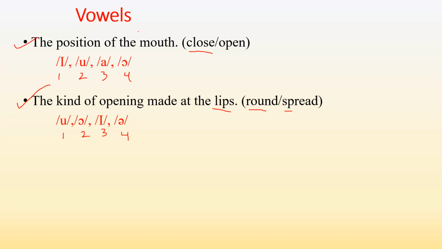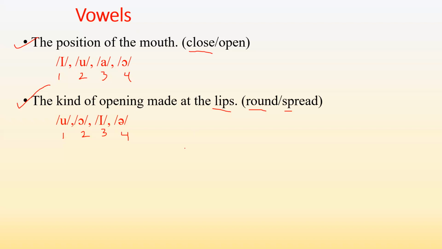And the second phonetic criterion, the extent to which the tongue rises towards the palate, vertical sections, that means the high, mid, and low classes of vowels. Third one, the position of the mouth, whether it's open or closed vowels. And the fourth one, lips round or lips spread vowels. So along with these four phonetic criteria, you have so many different types of vowel sounds.